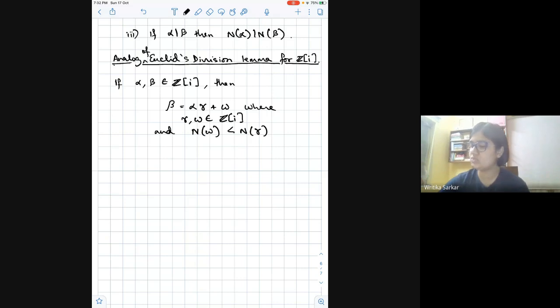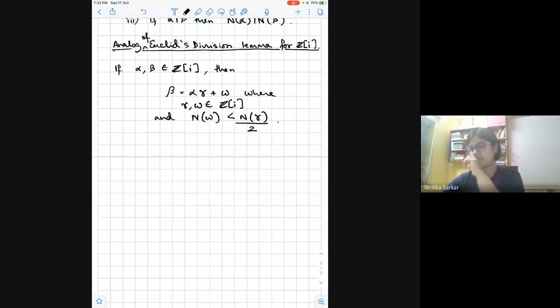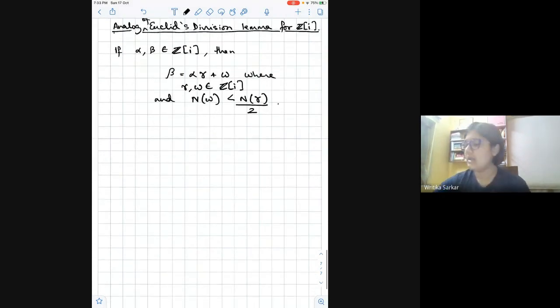You can choose w so that the norm of w is less than the norm of gamma divided by 2. This is the statement of Euclid's division lemma for Zi, and this makes intuitive sense.